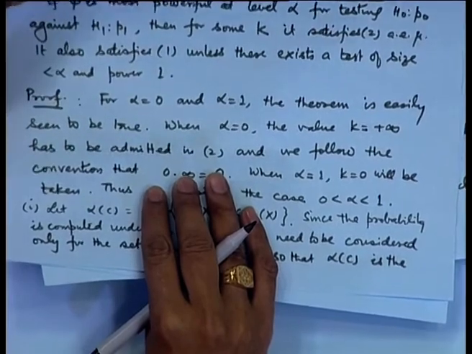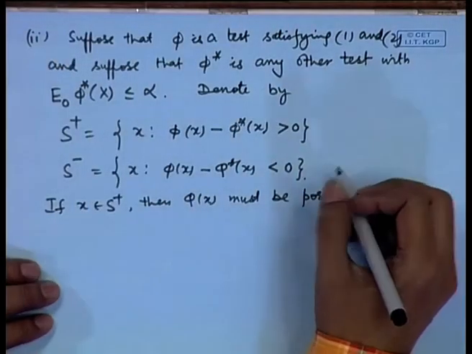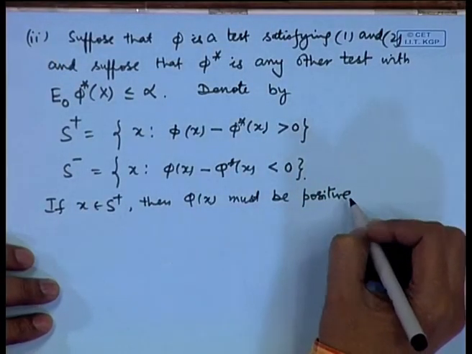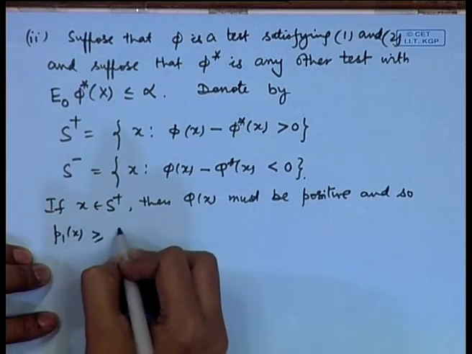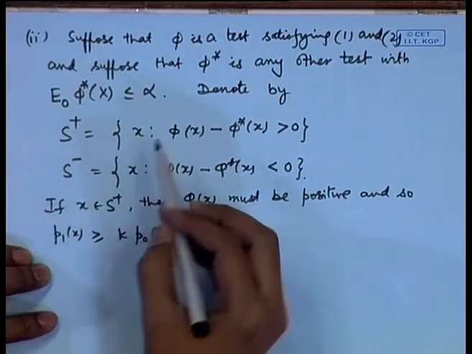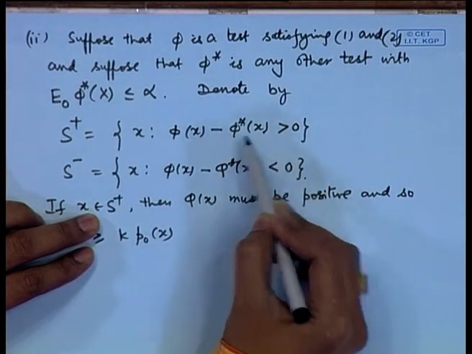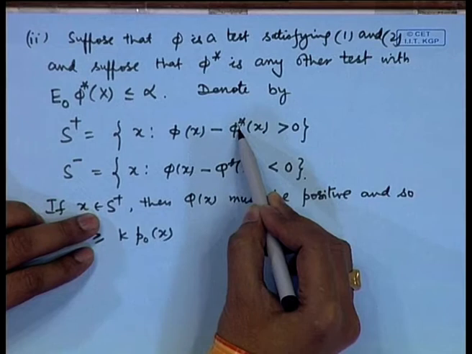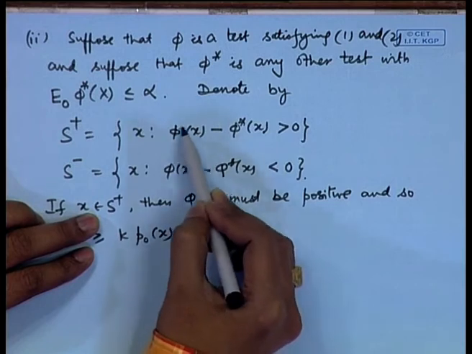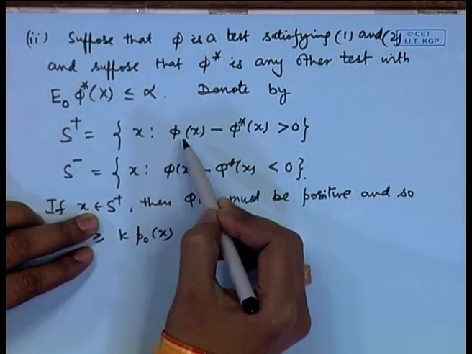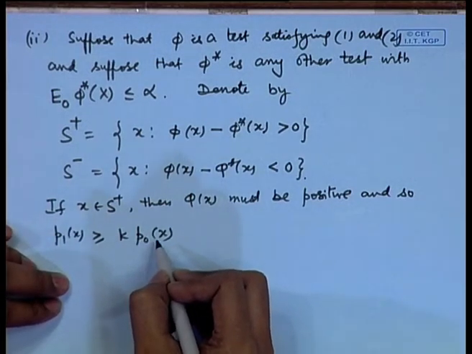So, phi x must be strictly positive and so we will have p 1 x greater than or equal to k p naught x. Let me repeat this argument. If x belongs to S plus, then phi x is strictly greater than phi star x. Now, phi star x is a non-negative function, therefore, phi x has to be strictly greater than 0. If phi x is strictly greater than 0, then by our definition of the test function, p 1 x has to be greater than or equal to k p naught x.